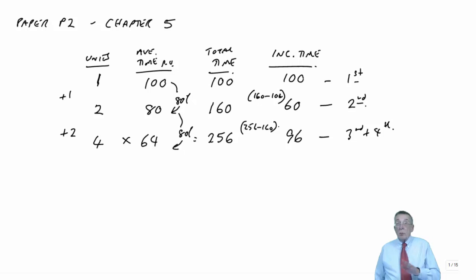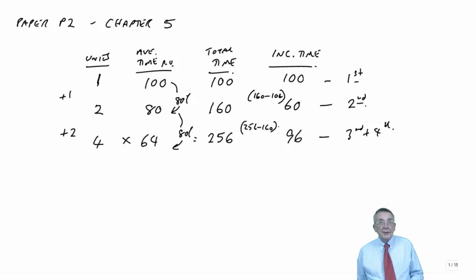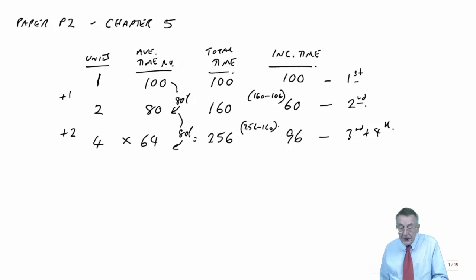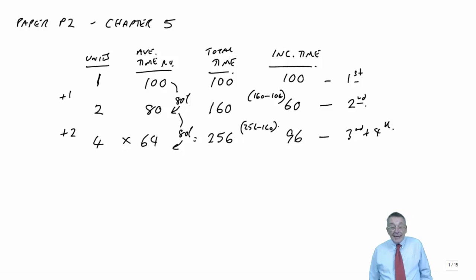And do note that one problem with the doubling rule itself is that it doesn't tell us how long number 3, number 4 will take. All I know is that 3 plus 4 together will take a total of 96 hours. But maybe number 3 took 50 hours and number 4 took 46 hours. They're getting faster, but the doubling rule won't tell you the time for, again, the third or the fourth.